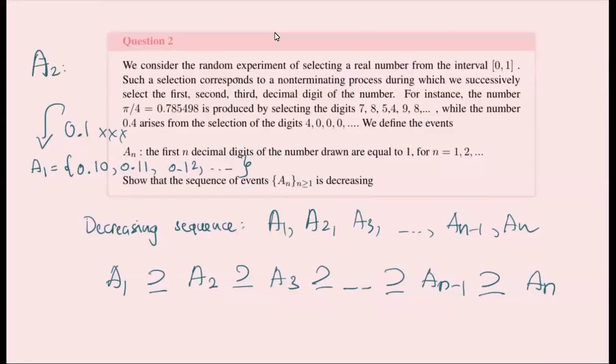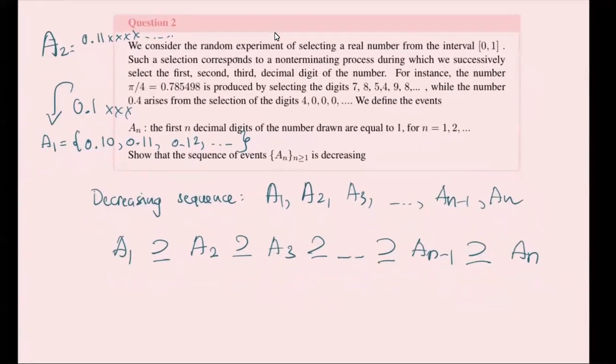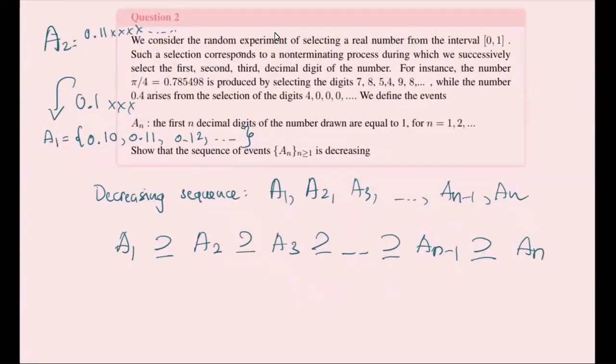A2 consists of the numbers such that the first 2 decimal digits are equal to 1. So it will contain the numbers of the form 0.11 and then it can be any number after that. Okay, so that is the definition for A1, A2, and you can generalize it for An.